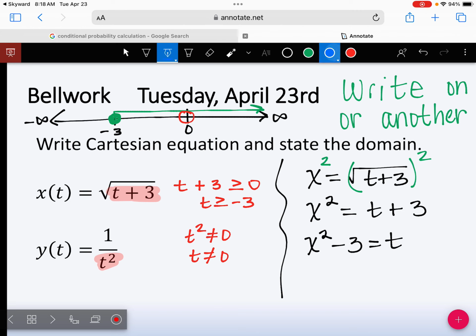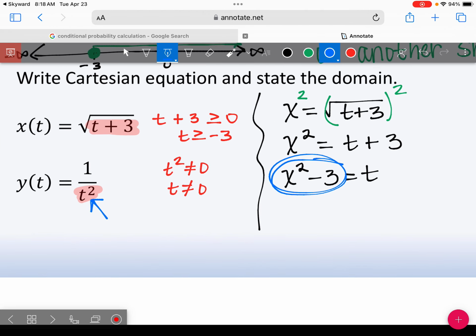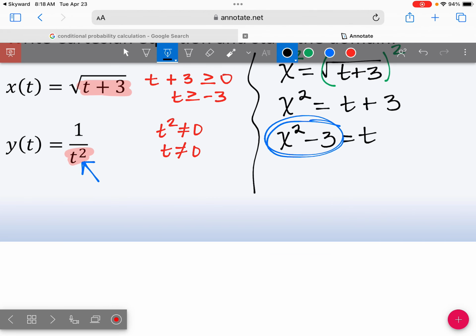Okay, so now we're going to take this and put it here, just like so. So then that will give me y equals 1 divided by t squared, and then that x squared minus 3 goes here.